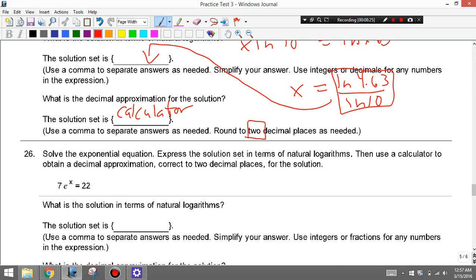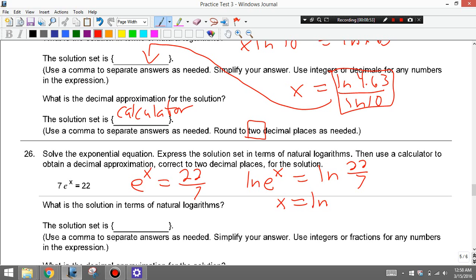Okay. Same thing here. e to the x equals 22 over 7. So you divide both sides by 7 first. Then you take the natural log on both sides. So you have the natural log of e to the x equals the natural log of 22 over 7. The natural log and e cancel, so this is just x.